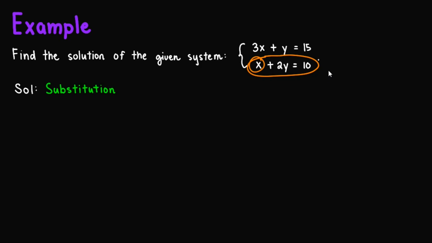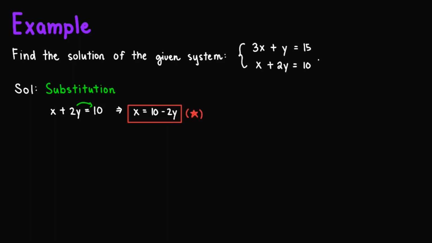So first, considering the second equation, x plus 2y equals 10, we can move 2y to the right side to obtain x equals 10 minus 2y. So observe here that we have now expressed x in terms of y. We then denote this equation by star. So we take note of that one.